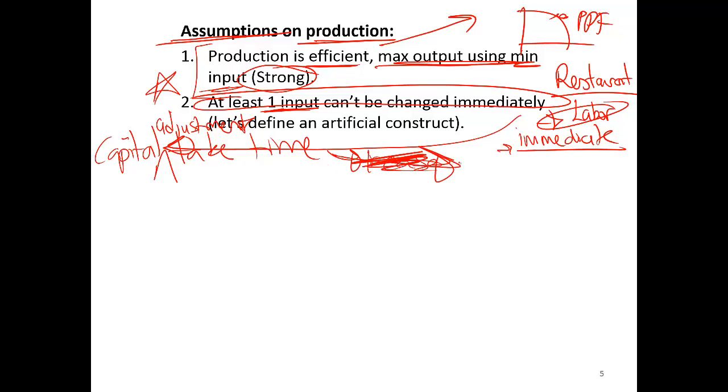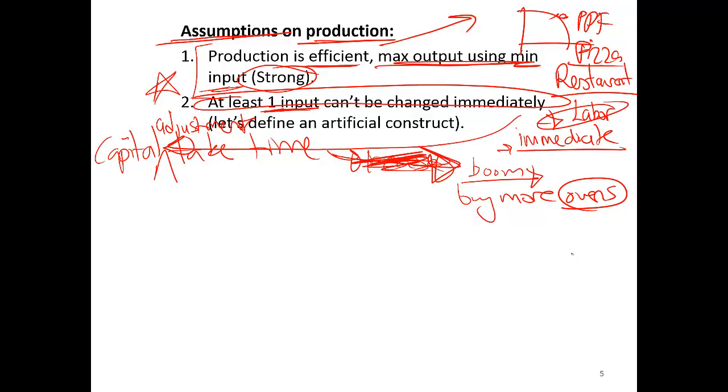Then the restaurant decides to buy many more ovens to cook more pizzas per hour, let's say this is a pizza restaurant. When the restaurant orders these ovens, these are not like regular ovens. Obviously, it's going to take time to order. Number 2, shipping is going to take time, plus installation is going to take time. So for capital, we say you can't really adjust it really fast.